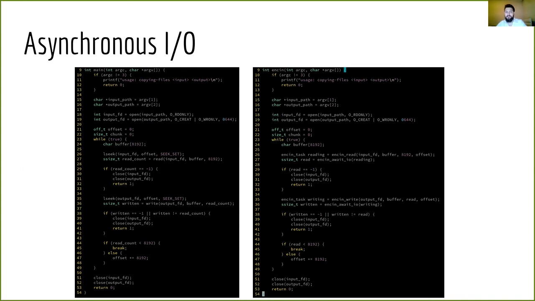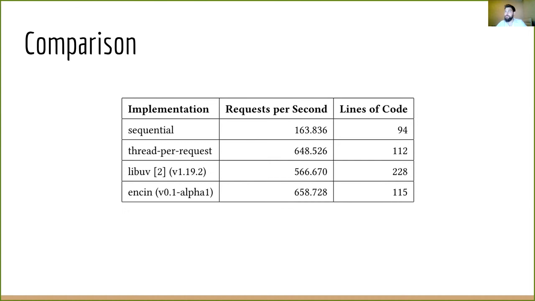The hash should be calculated in each request. The benchmark is performed with 16 concurrent connections. As shown in the table, Encin outperforms its alternatives in the requests per second column and performs similarly to the second best alternative in the lines of code column.